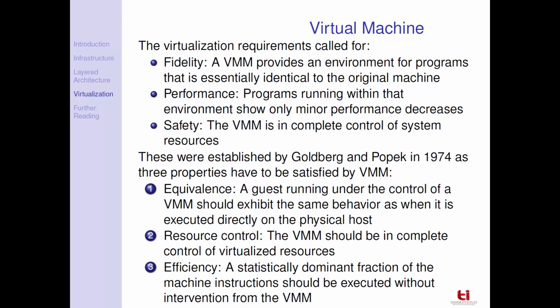Equivalence is that a guest running under the control of a virtual machine monitor should exhibit the same behavior as when it was executed directly on top of a physical host. That is, a user should not experience any difference when running applications on their native hardware machines or on a virtual machine. They should experience the same kind of performance. So this is called equivalence.